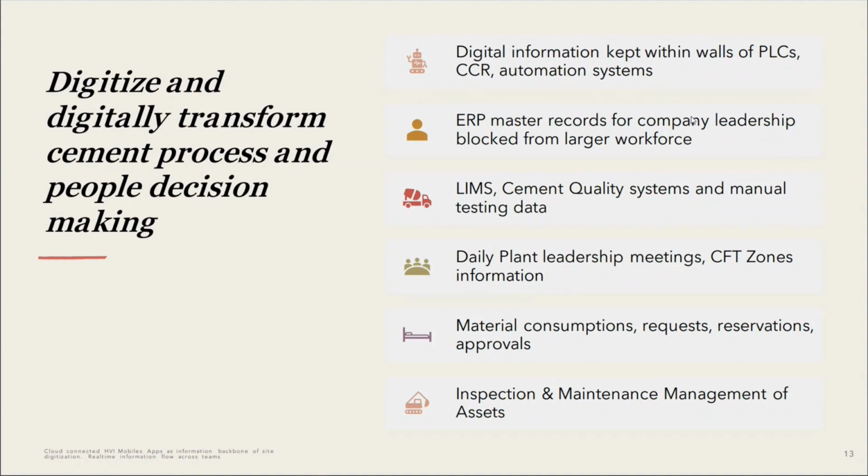And that information zone is one set of information. On top of that, you might have the latest IoT devices connected to gearboxes or motors. And then the enterprise has its own systems that include the ERPs, the CRMs, and the enterprise data management systems. The quality process is running with your XRF, XRD systems, and then the manual testing records kept in Excel files, reports, as well as paper registers. Daily plant meetings.